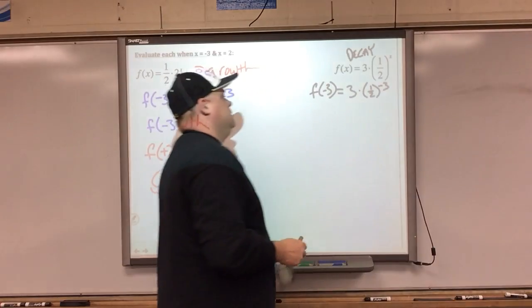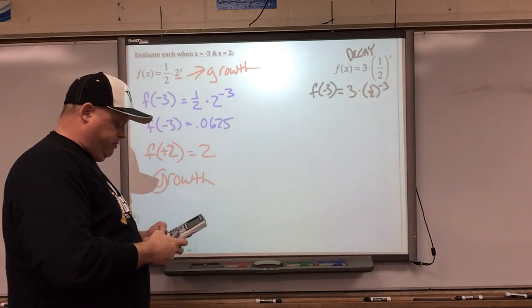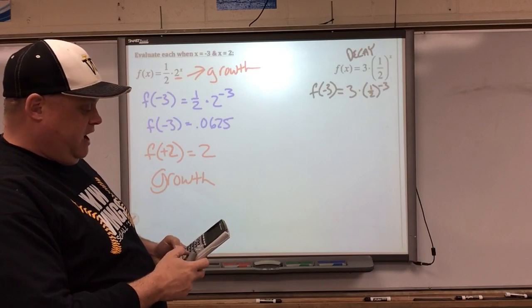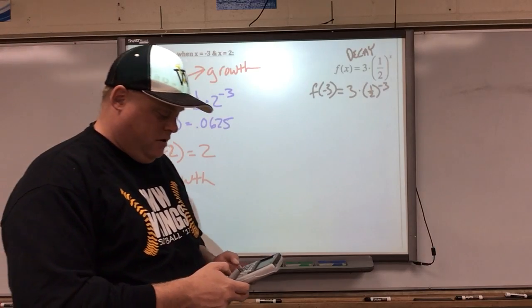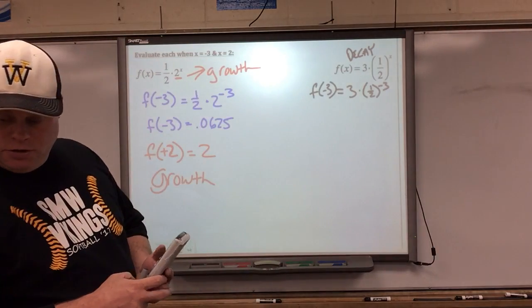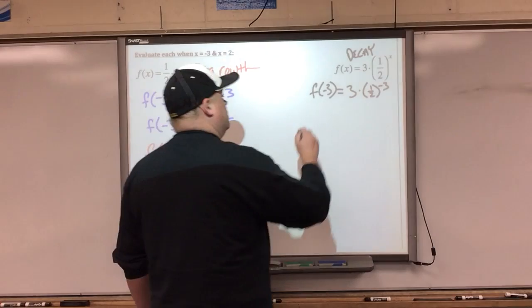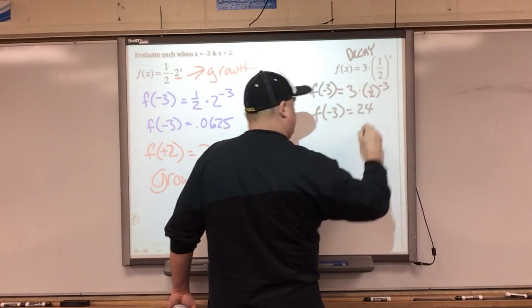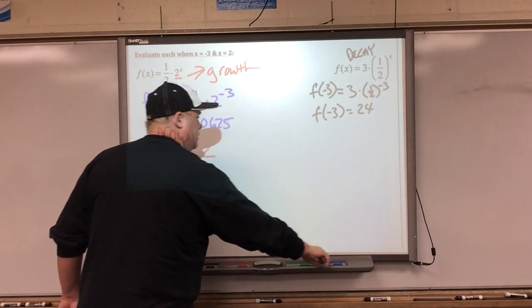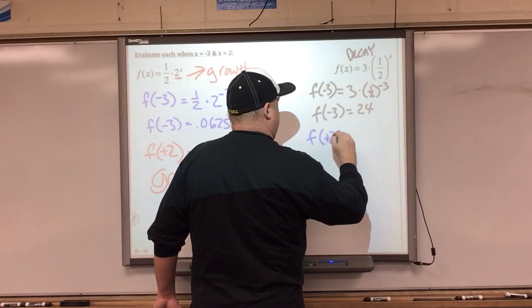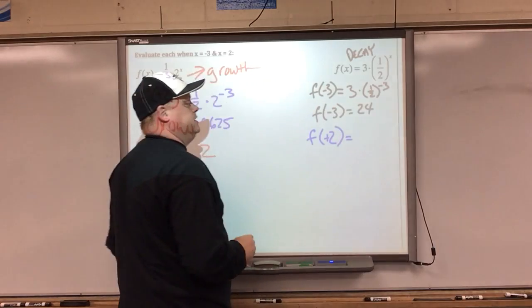And there we go. So, in my calculator, 3 times, inside parentheses, 0.5, I always like writing 0.5, raised to the -3, should be 24. Well, let's check it when I plug in a +2 into the equation.